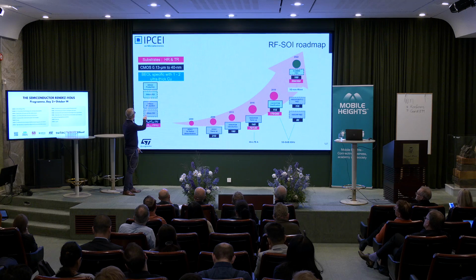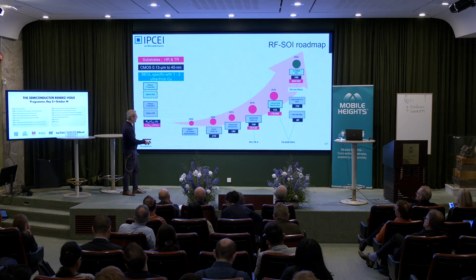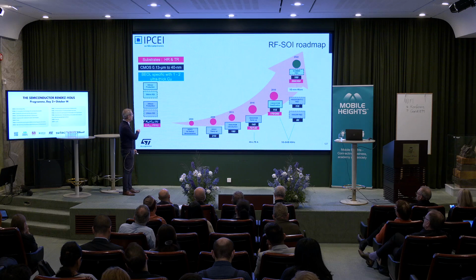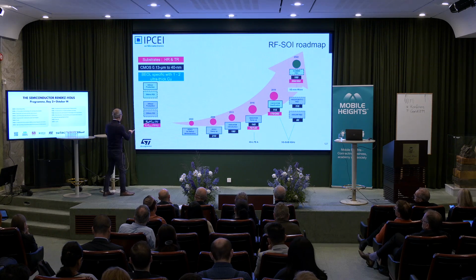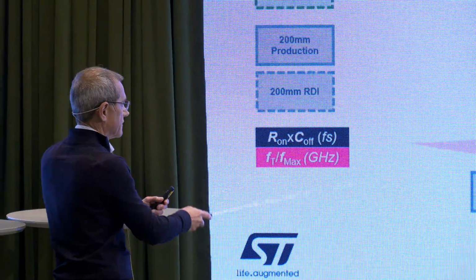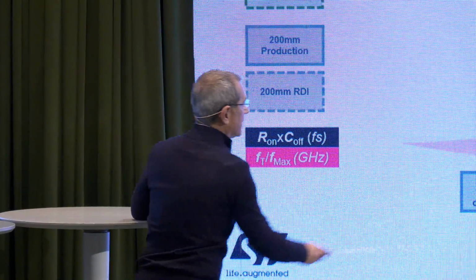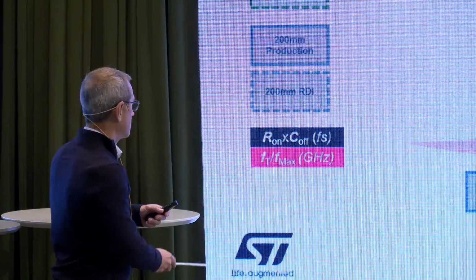You have here the 300 millimeter production. So you can see we have 65, and the last one is 40 nanometer in development. You have the 200 millimeter technologies here. You have the Ron Coff here in femtoseconds, so the values are in the black boxes here.